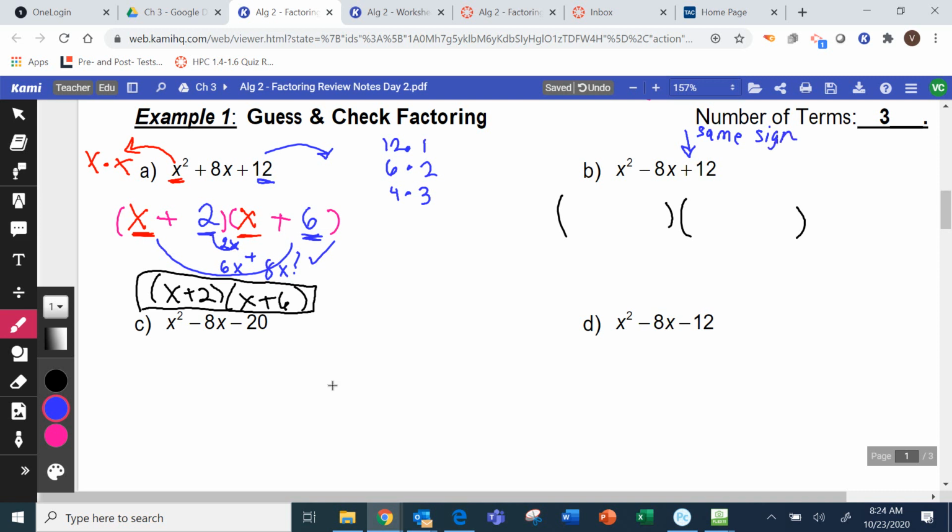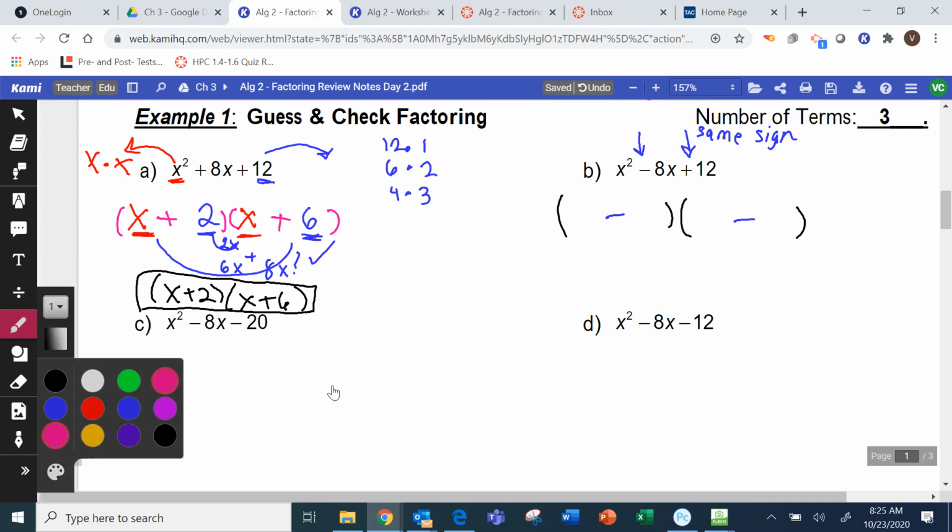So they're either both plus or both minus. So since it's the same sign, I will look at this number here. This negative 8x is telling me which sign they are. So which sign are they? Negative. So I know that for sure.